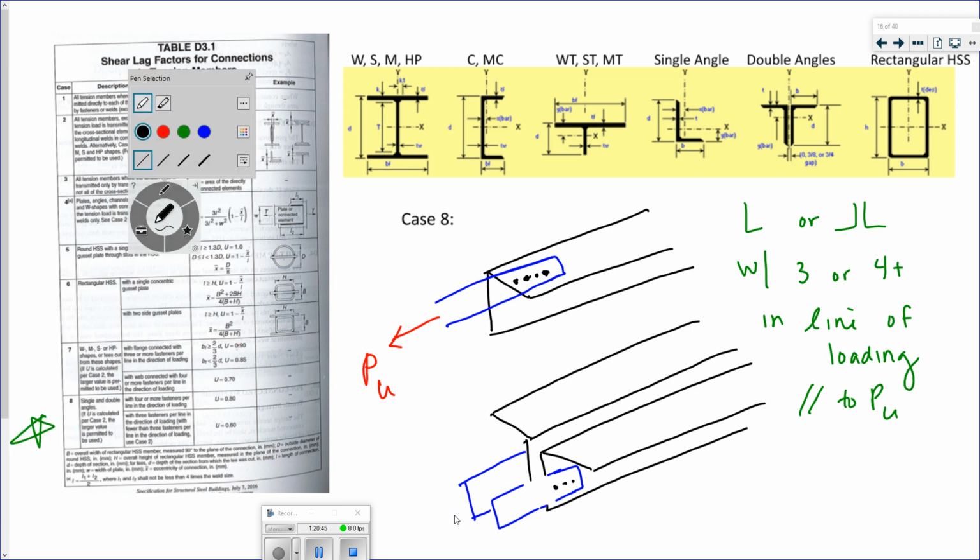Now it could be a single angle with 3, it could be a double angle with 4. These are just examples.